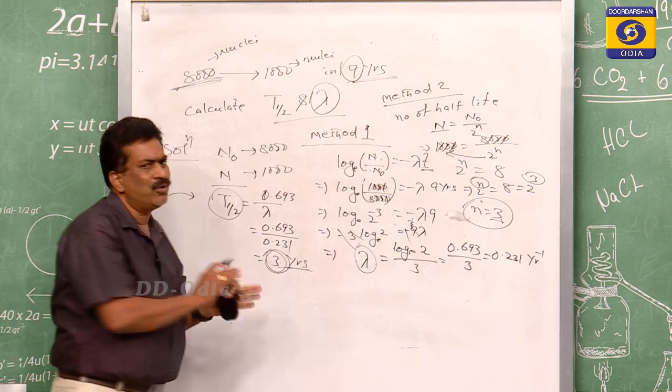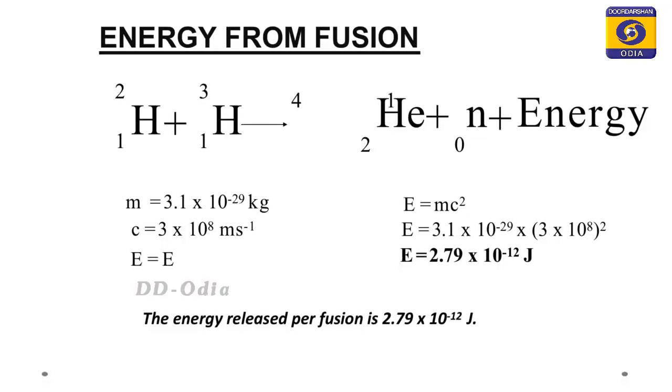So with this we come to a conclusion. The overall view is that in fission, a large nucleus is split into lighter ones, but in fusion, the lighter ones on combination give you the heavier one.